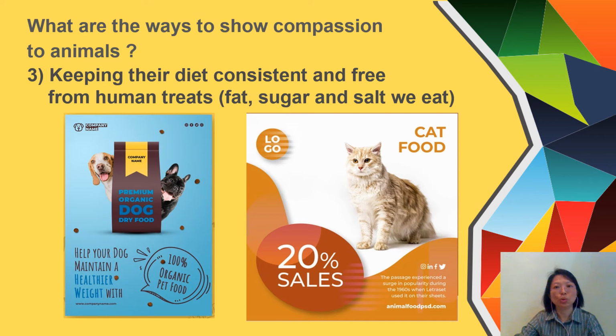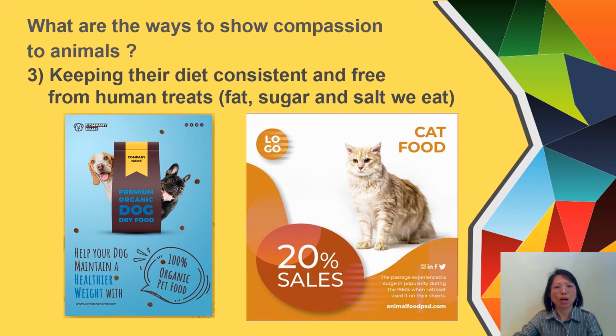Okay? You cannot simply give your dogs or cats or any animals some nasi lemak, or give them some ice cream or chocolate to eat. Food that has a lot of fat, a lot of sugar, food that is very sweet, food that is very, very salty, all this food is not good for the animals.